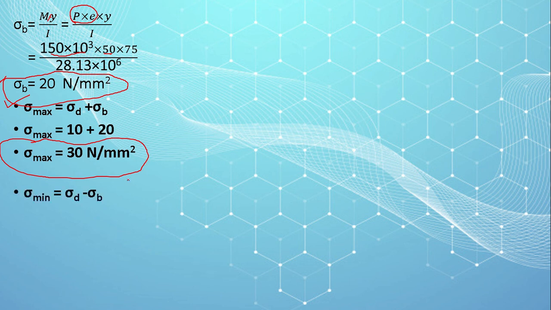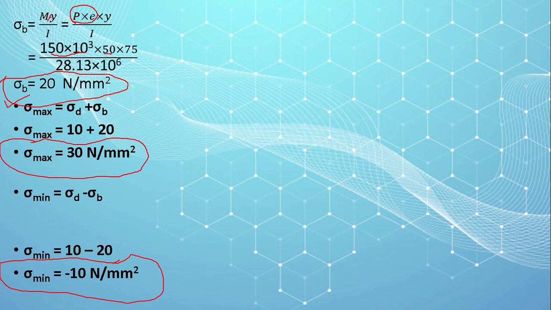Now for minimum stress, direct stress minus bending stress. So 10 minus 20 gives minus 10 Newton per mm square. This is our minimum stress in the member. Minus means this is tensile in nature, and positive means this is compressive in nature.